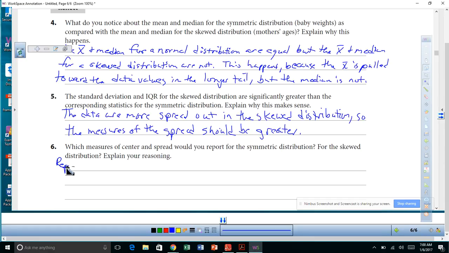Report either the mean, well, let's use that Greek symbol, the mean and standard deviation, or the median and IQR for the symmetric distribution.